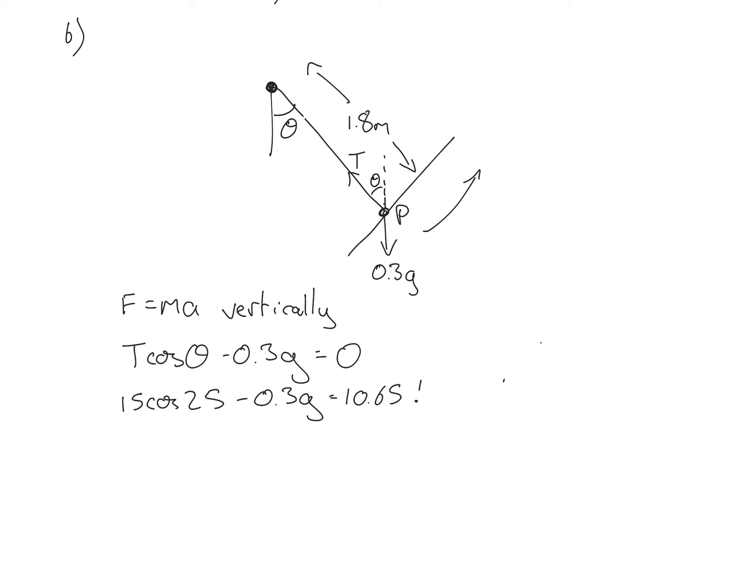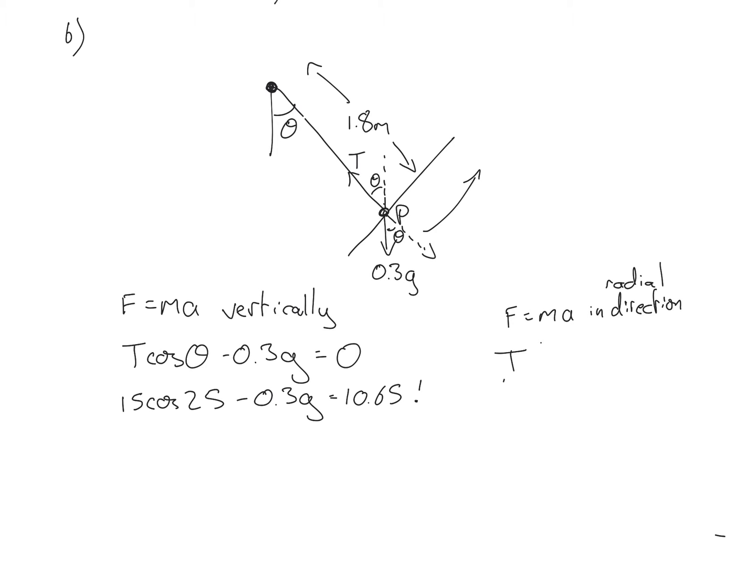Yep, and it's moving, and that tension there. So we've got F equals MA in direction of the string, in radial direction. So we've got T, and we've got theta.